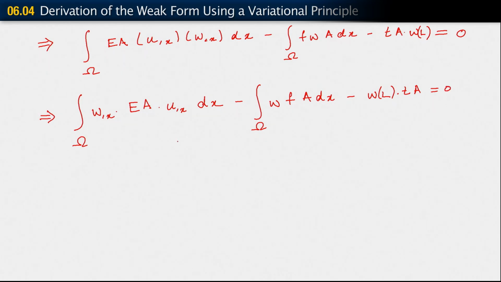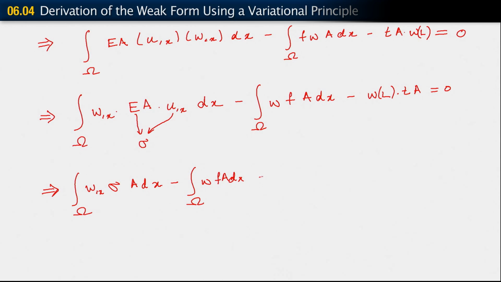Now you may have already noticed it, but what we have here is, thanks to our constitutive relation, just sigma. So finally, we get the integral over omega of w comma x sigma a dx, minus the integral over omega of w f dx, but there is an a here, minus w at L T a, equals 0.